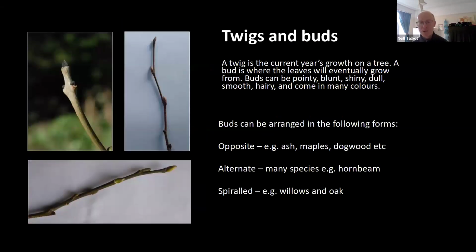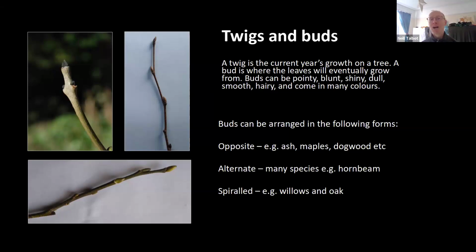So, first of all, I'm going to say a bit about twigs and buds. The twigs are the current year's growth on a tree, and each twig can have different features to it. They might be different colours.